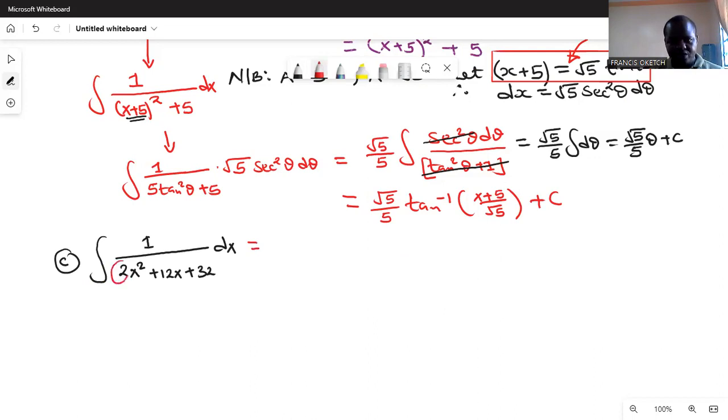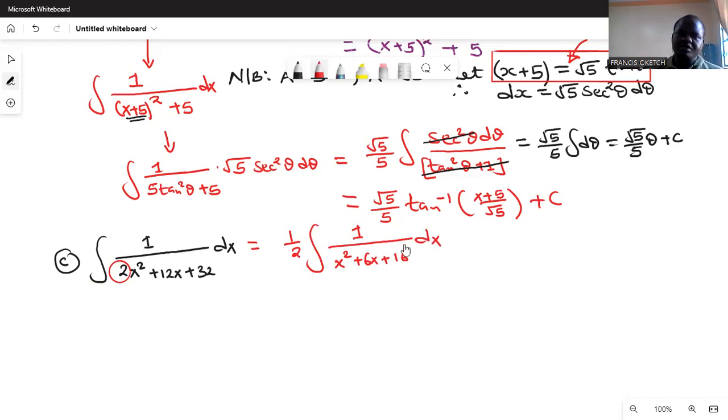Why are we factoring out 2? To make the coefficient of x squared 1. So this can be written as 1 over 2, then the integral of 1 over x squared plus 6x plus 16 dx, where I have factored out 2.